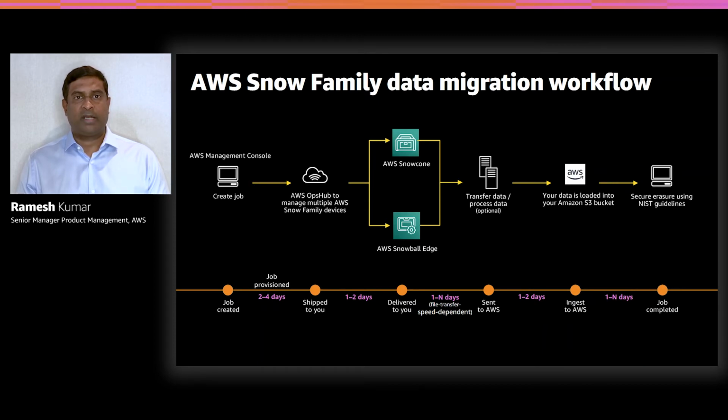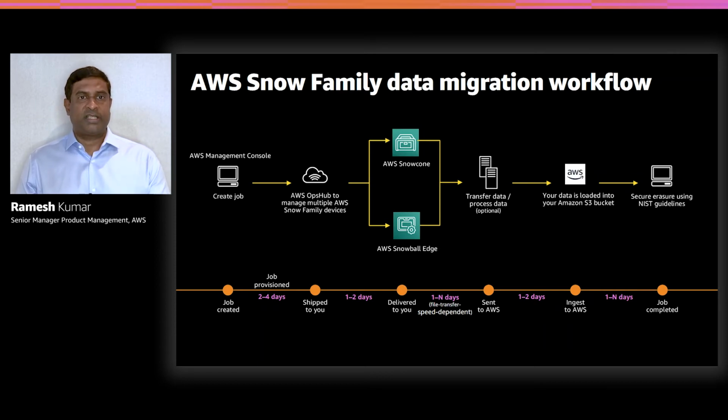Once the job order has been placed, AWS will prepare the Snow device based on the configurations and options selected during job order. And then we'll ship the Snow device directly to your edge location. We can ship it directly to an on-premises location, or we can ship the device to the rugged edge location from where the data is being generated and needs to be captured.